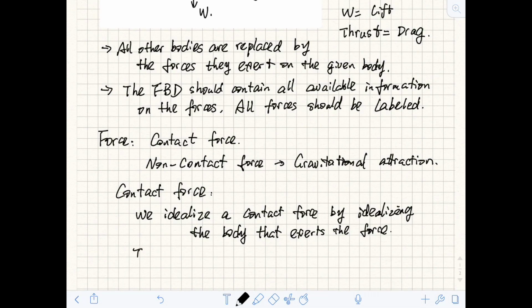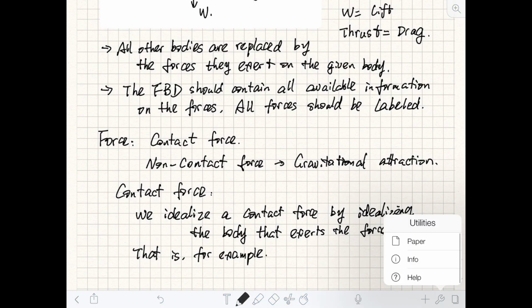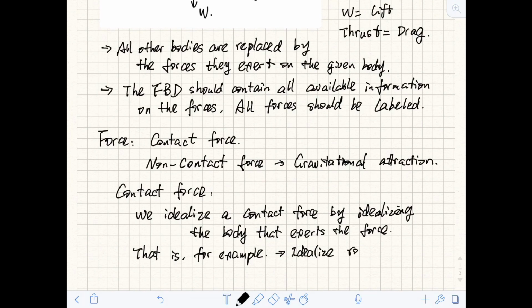So that is, if we take the simplest example, we idealize ropes, cables, etc. as a string.